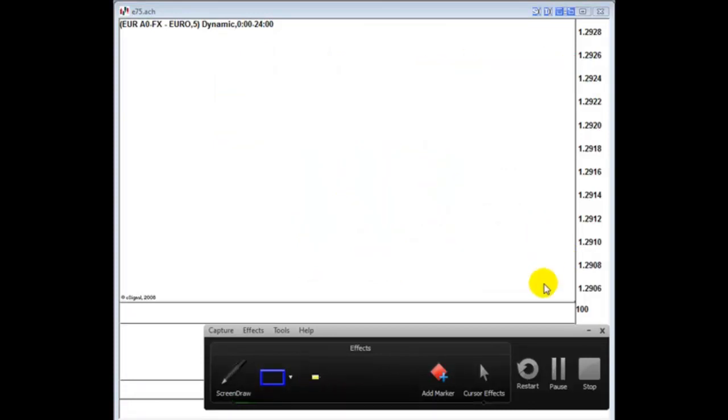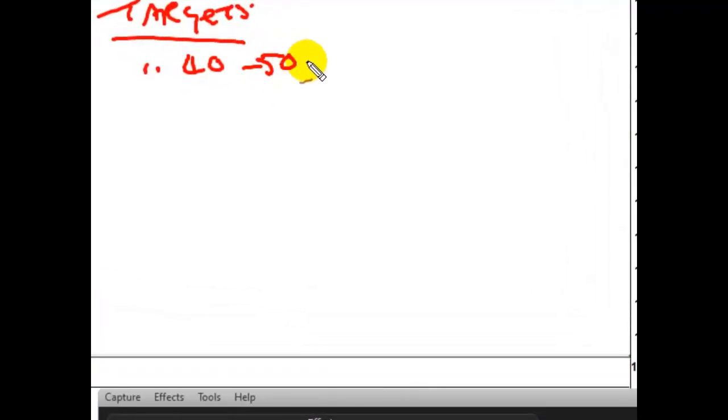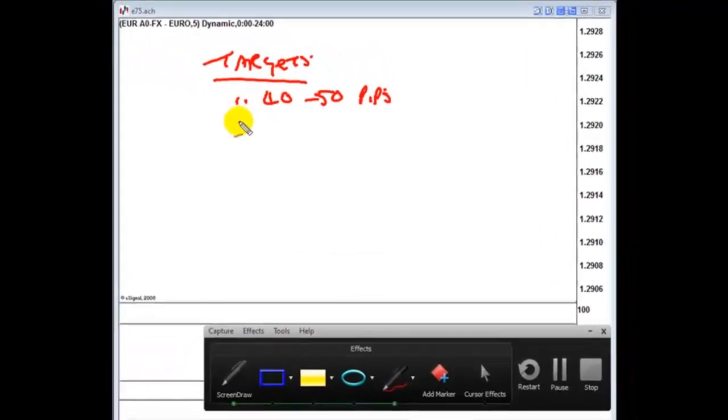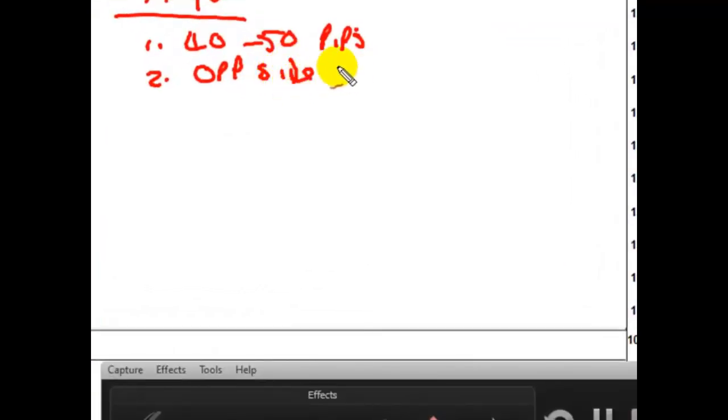Alright, and then the second thing I spoke about in this whole section here was targets. And I said number one, we want to aim for 40 to 50 pips. Number two, we want to look at the opposite side Bollinger Band, see how far away that is, because often the price moves between Bollingers, from Bollinger to Bollinger when it's ranging.